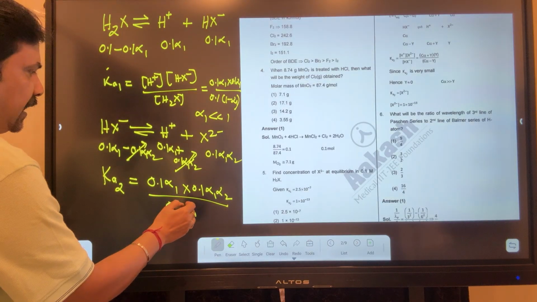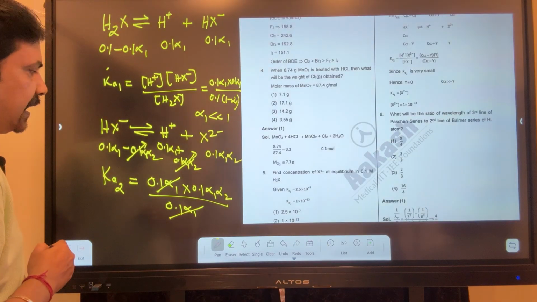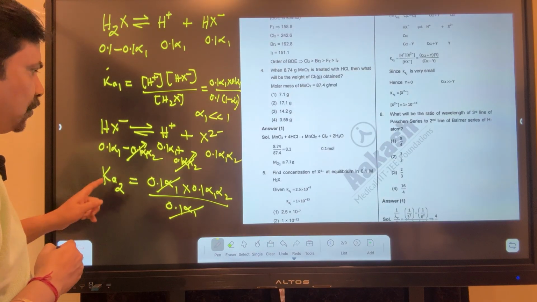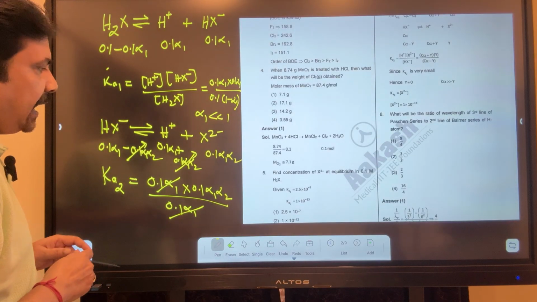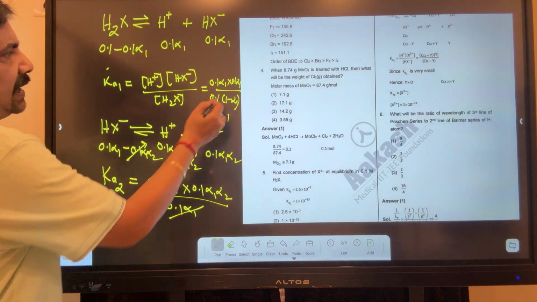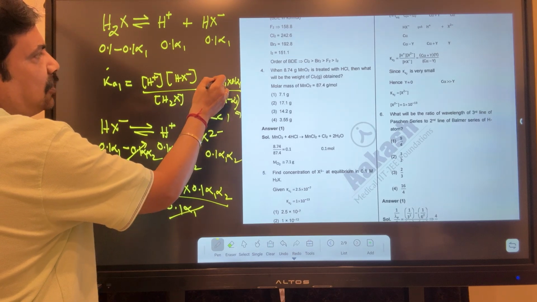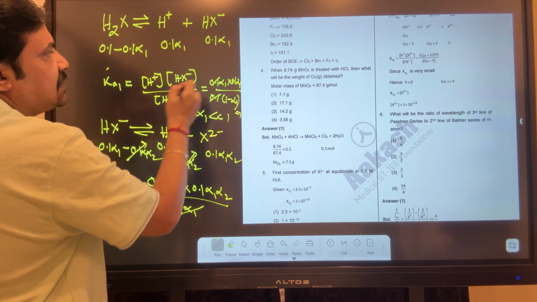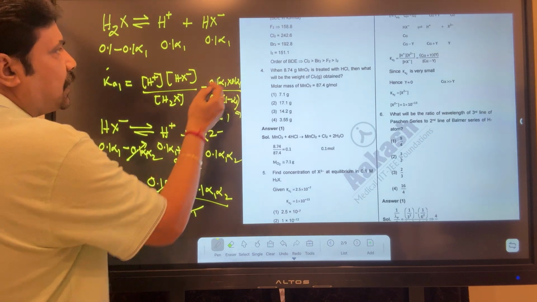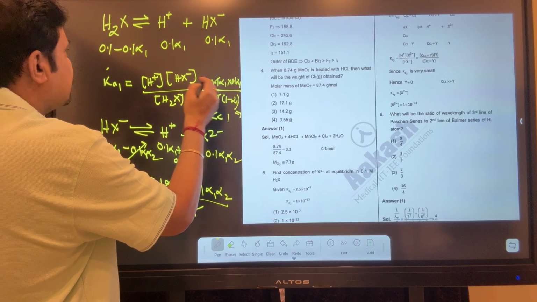Now 0.1 alpha 1 and 0.1 alpha 1 cancel out, and then K2 will be equal to 0.1 alpha 1 alpha 2. From the first equation, if this is equal to 1, you do 0.1 and 0.1 cancel out. Then immediately from this equation I will get 0.1 alpha 1 square.